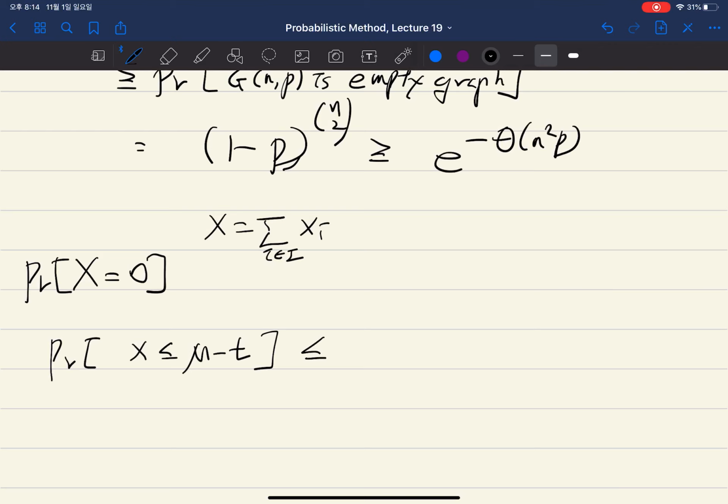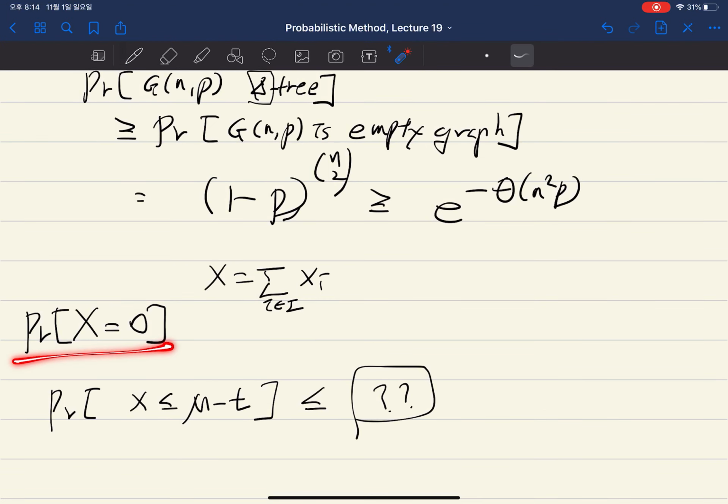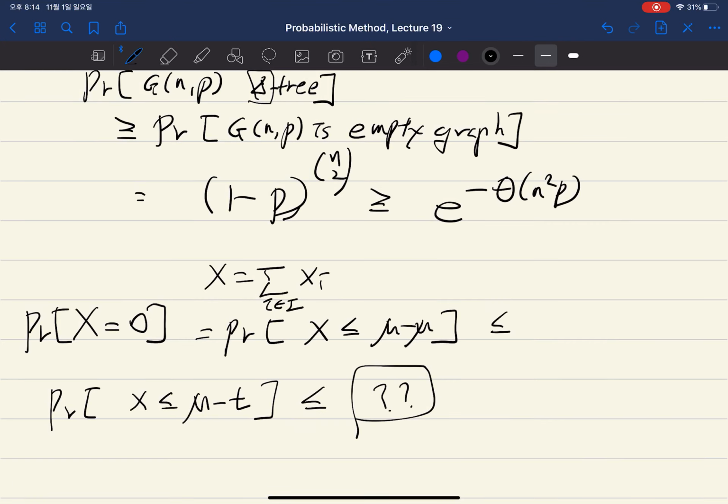If we can somehow bound this in terms of t, then that's actually a more general result than this. This is the same as the probability that X is smaller than mu minus t. So can we also get something along this line? So we will also think about that, and then we will consider some applications as well.